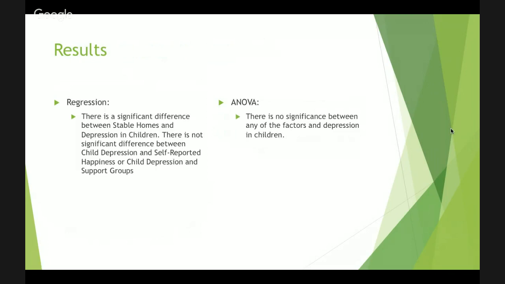There is no significant difference for child depression and self-report happiness, or child depression and support groups. Conversely, in ANOVA, which is why I run 2 different models, there was no significant difference between any of the factors and depression in children. That is probably due to heteroscedasticity, or the failing of that assumption, but we'll get to that then.